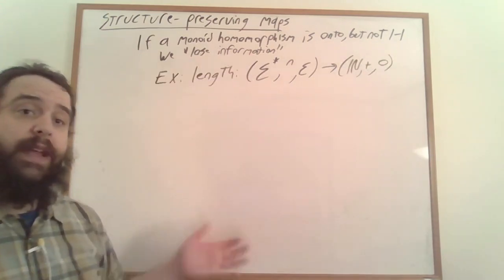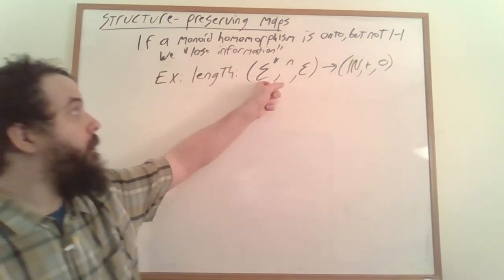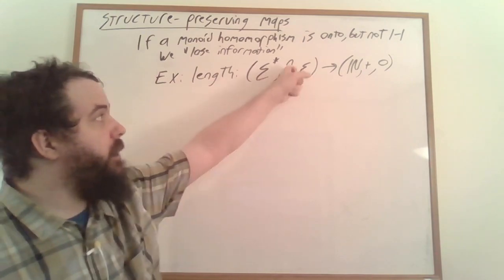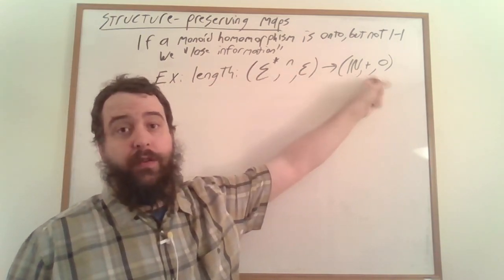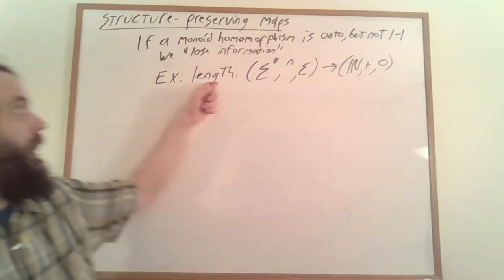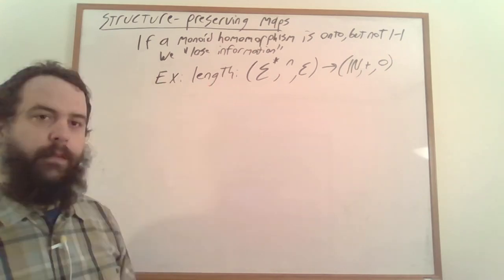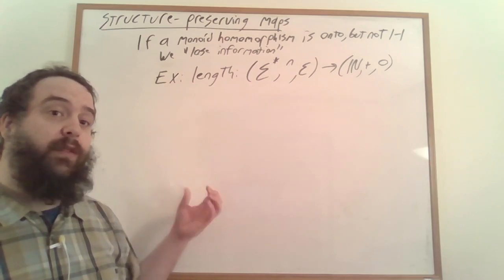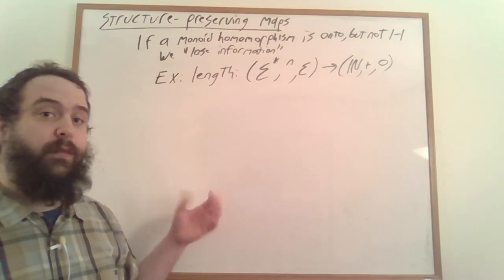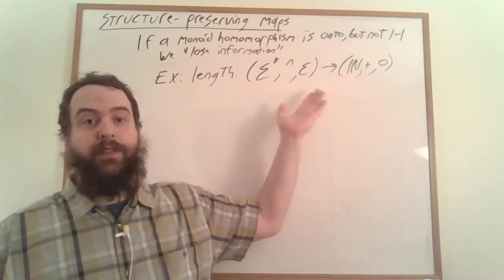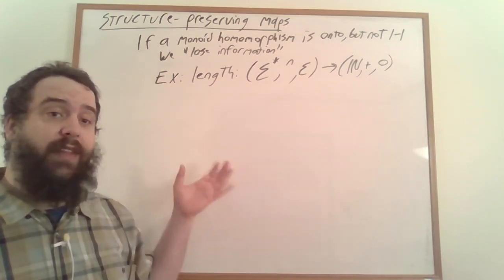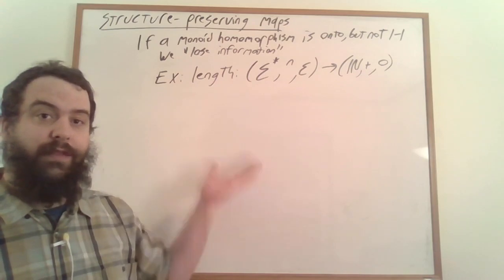For instance, we can have a function mapping from the monoid of words under concatenation to the monoid of natural numbers under addition that just takes the length of each word. It might help to go back to the definition of monoid homomorphism and convince yourself that this is in fact a monoid homomorphism, that it really does satisfy the properties that I've said that it does.